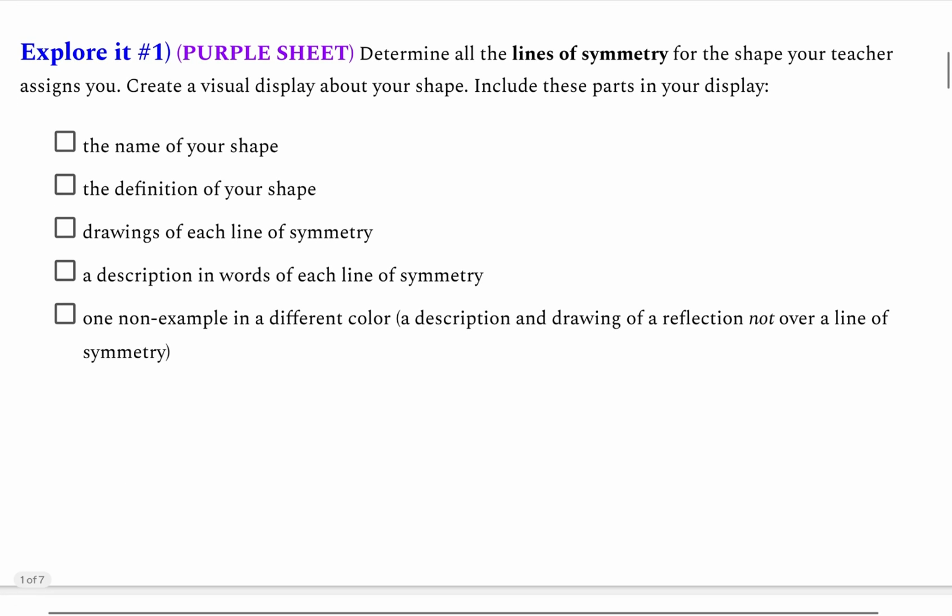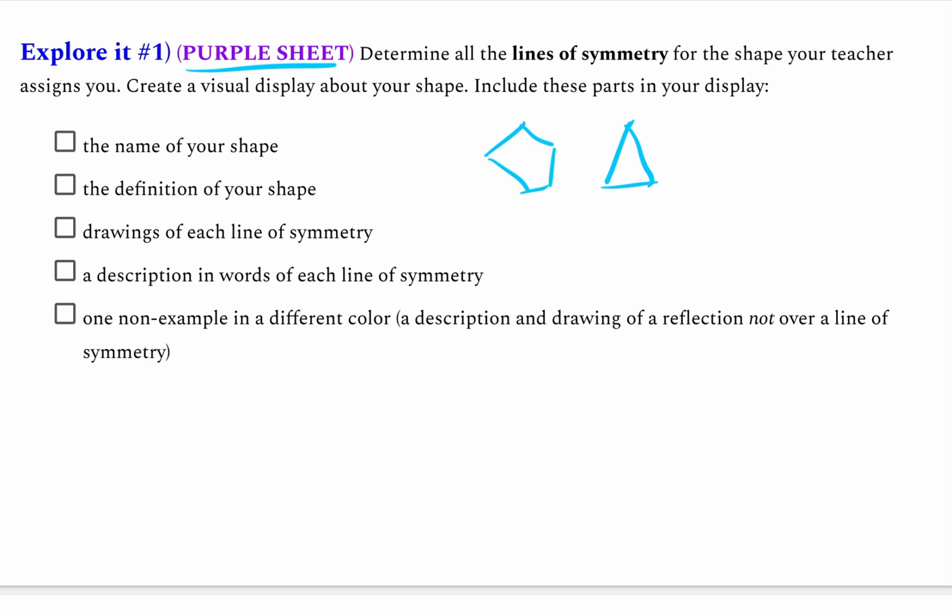All right, so this is a whole group activity, but in the center, you should see purple sheets, and there's going to be different shapes like pentagon, wow, triangle, not perfect, just a sketch, circle, and you need to check off all these boxes.